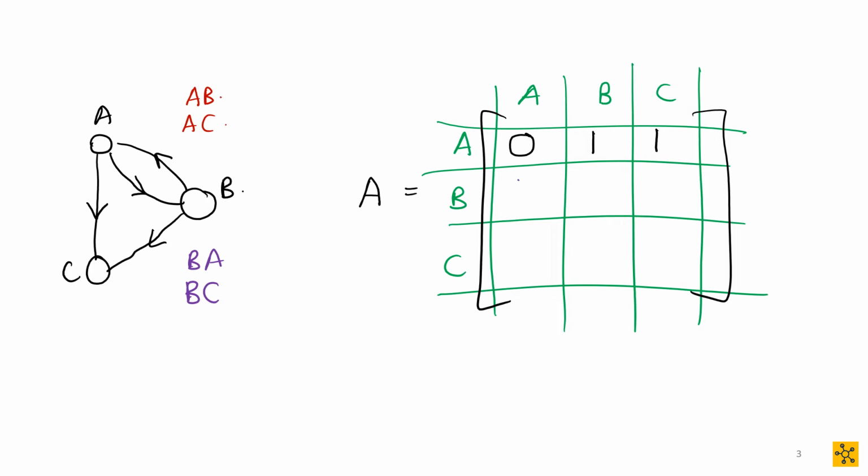So we have 1, 0, and 1. Then we look at C. When you look at this, you don't start from C anywhere. There is no edge that begins at C. So 0, 0, 0.